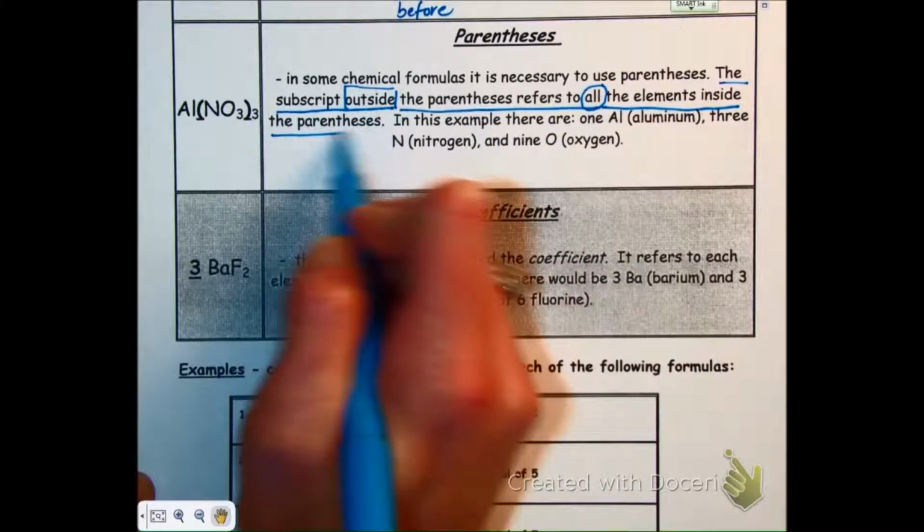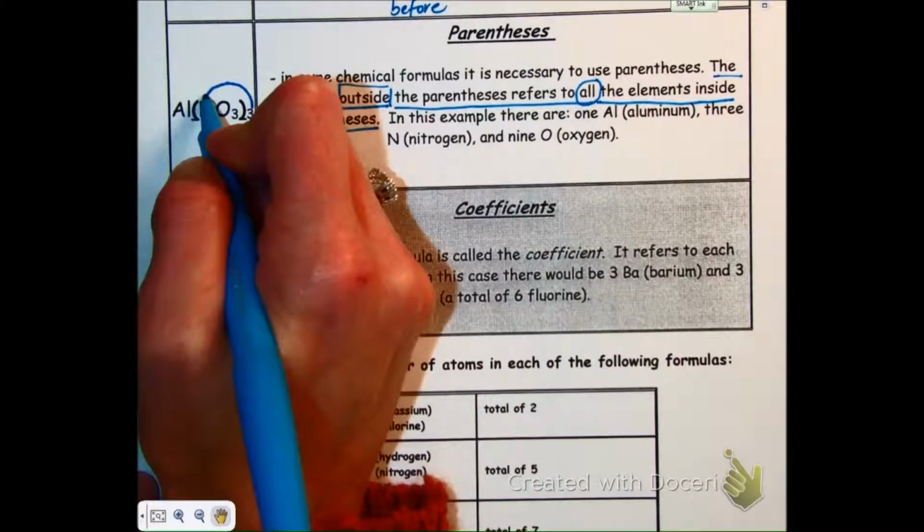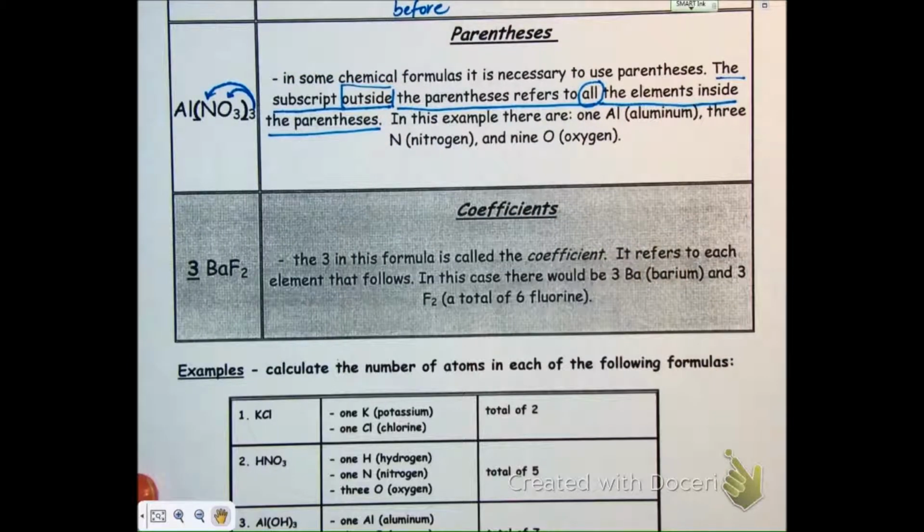So then look at your example. We have Al(NO3)3 with a subscript outside the parentheses of 3. So then this 3 is going to apply to everything inside the parentheses, including the nitrogen, including the oxygen. Does it apply to the aluminum? No. It does not, because the aluminum is not inside the parentheses.